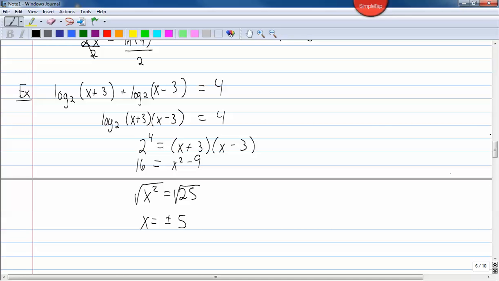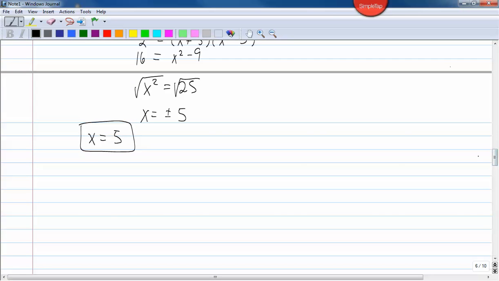Because you see, if I go back and plug that in, plugging in a 5 is okay, but plugging in a negative 5, I'm trying to take the logarithm of negative stuff if I do that. So my only answer is x equals positive 5. So with logarithmic equations, you do have to always go back and check.